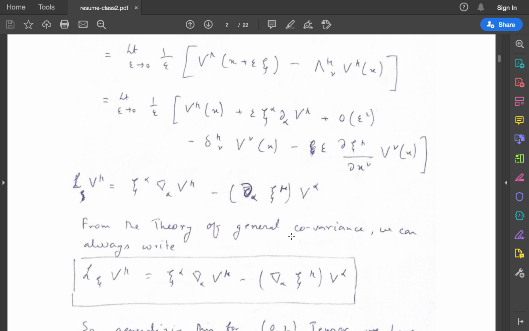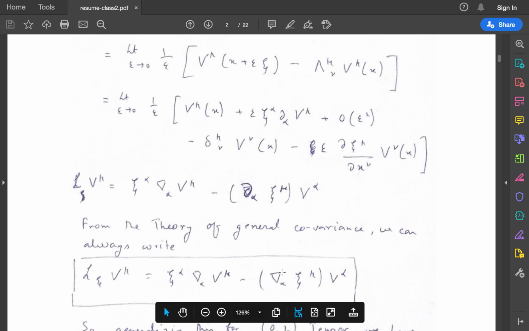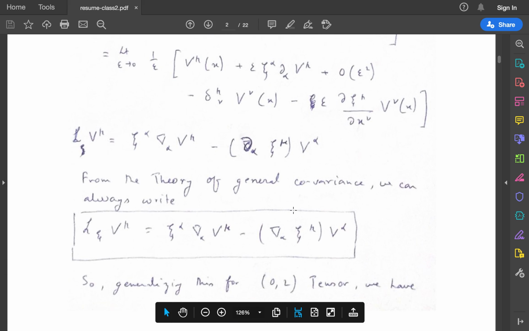But from the theory of general covariance, we know that this partial derivative can always be written, in a special coordinate system, in terms of the covariant derivative. So the covariant form of this Lie derivative of a vector v is defined like this. This is the covariant form, and this is the actual form which will be used in curved space. This is the form of the Lie derivative of vector v.